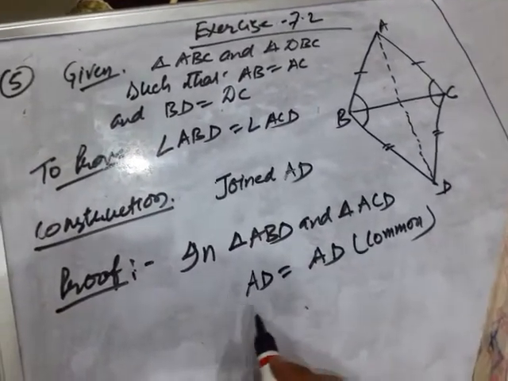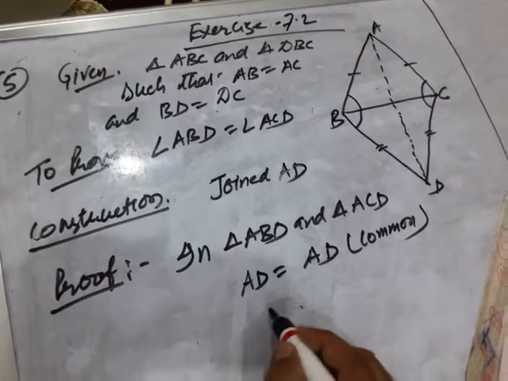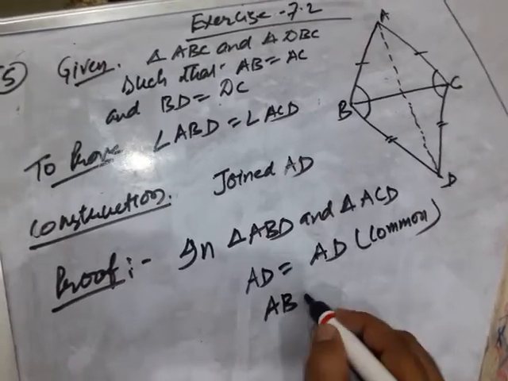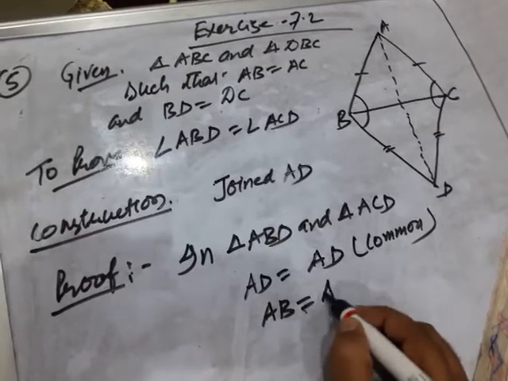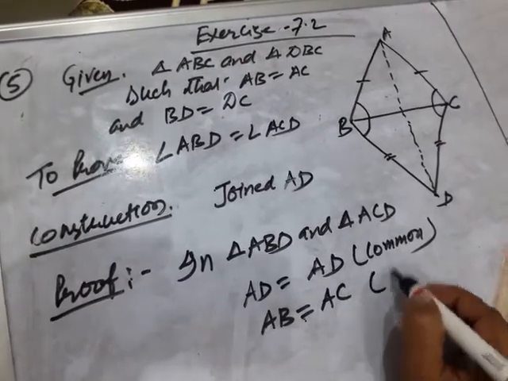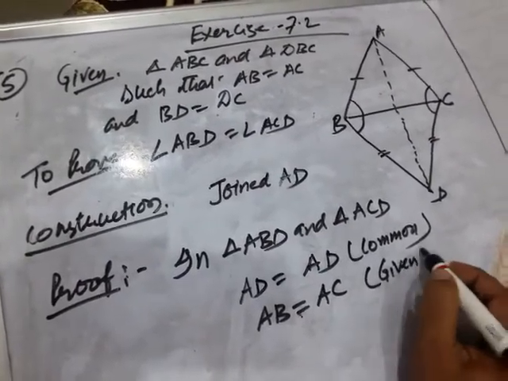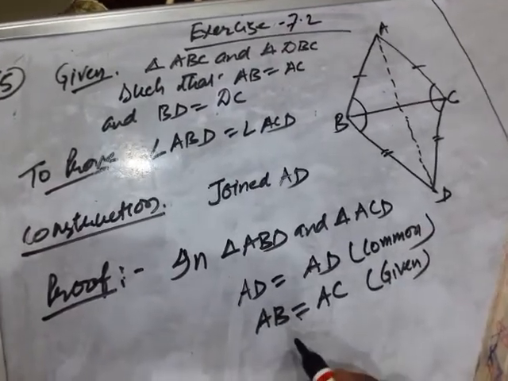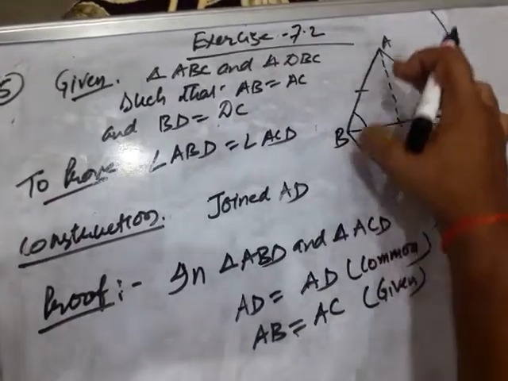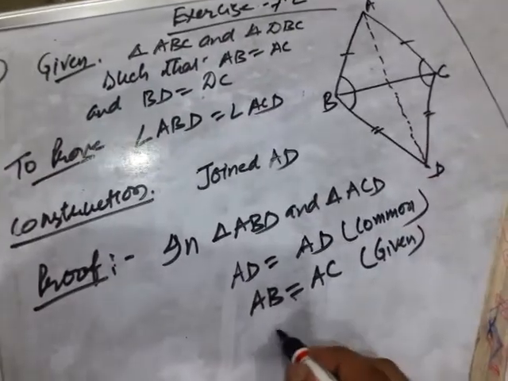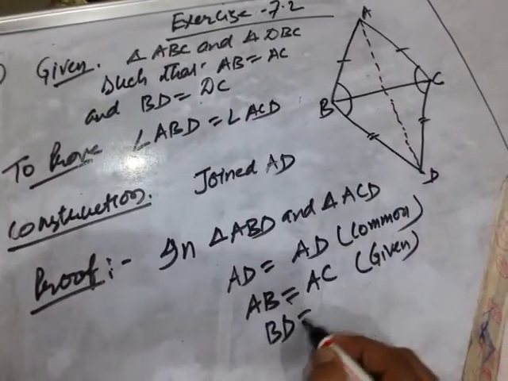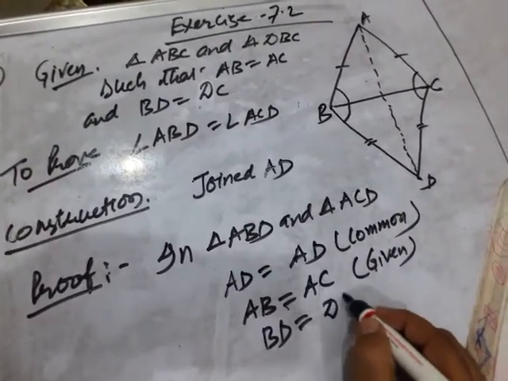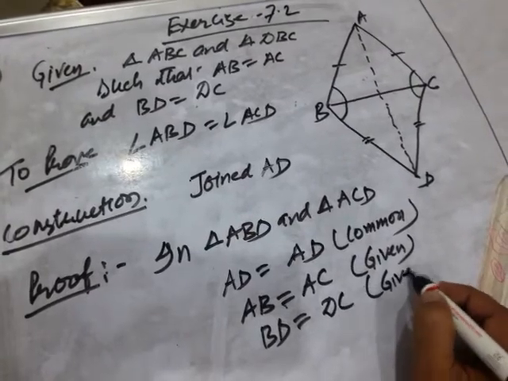And what else is given? AB equal to AC, that is given. Okay, children, what else is given? AB equal to AC given, and BD equal to DC. This is also given.